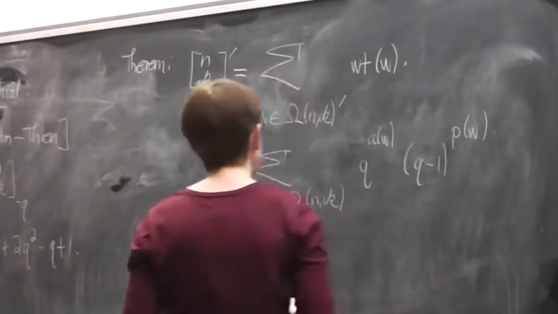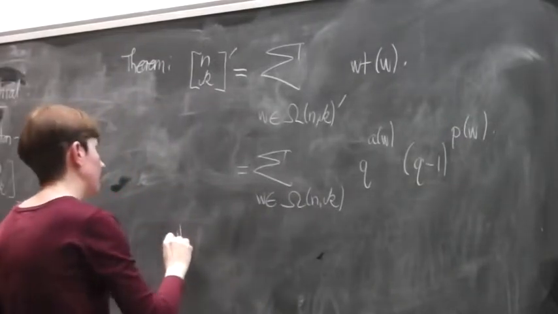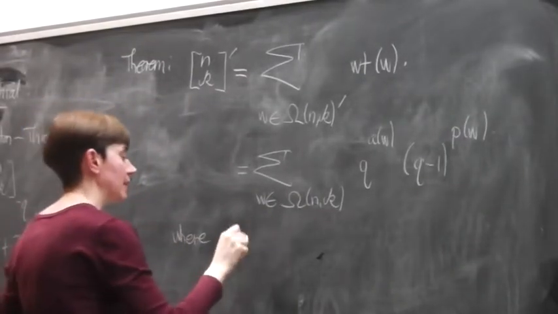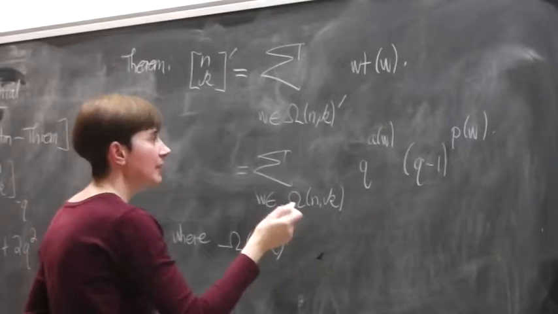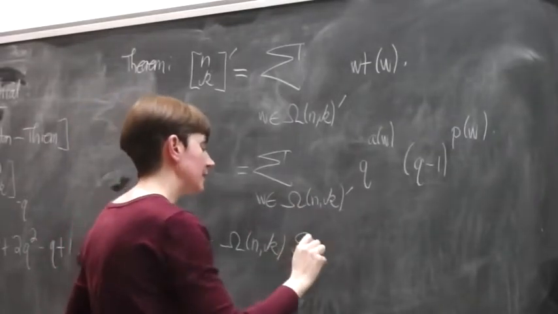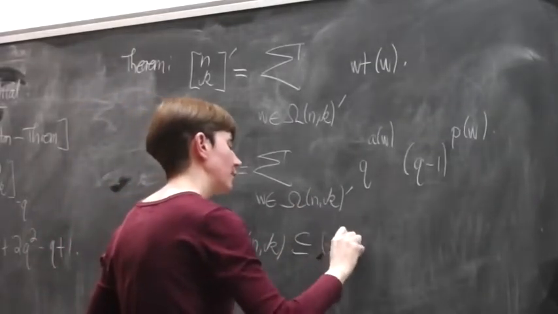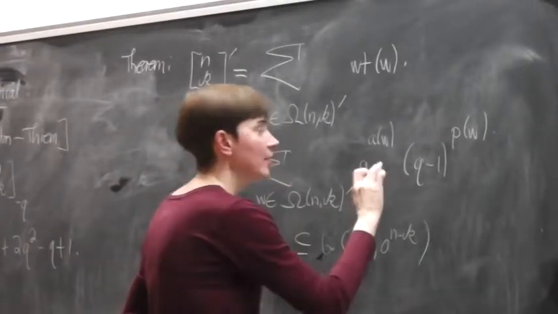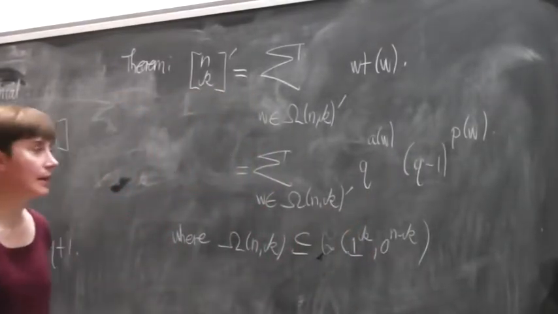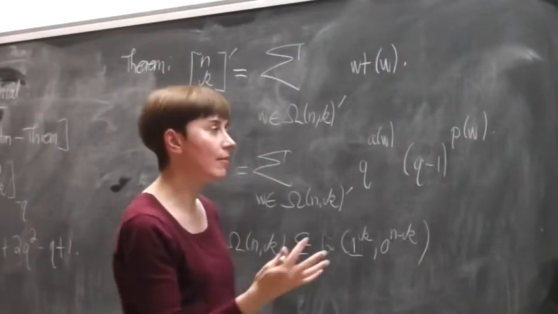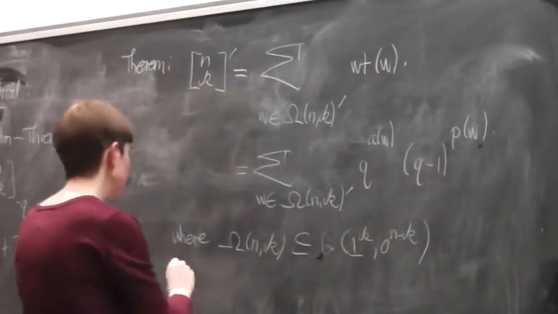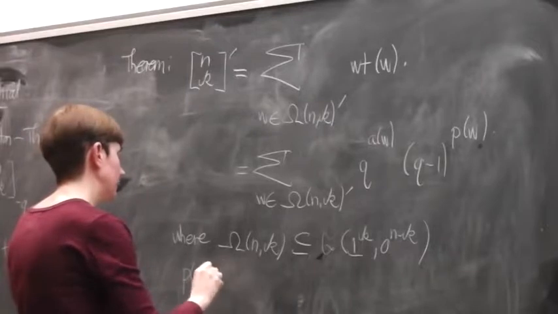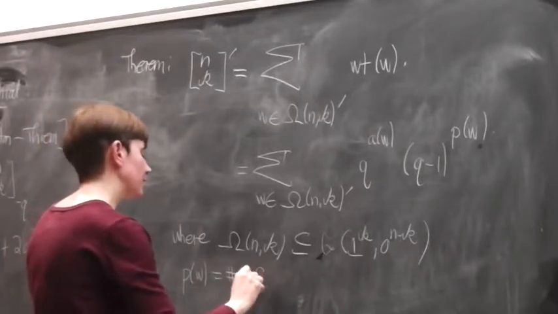I haven't told you what these things are yet. Here omega_{n,k} prime is some subset of these strings of zeros and ones. And then we have these two statistics. There's some pairing operation. So P of w is going to count the number of 1, 0 pairs.